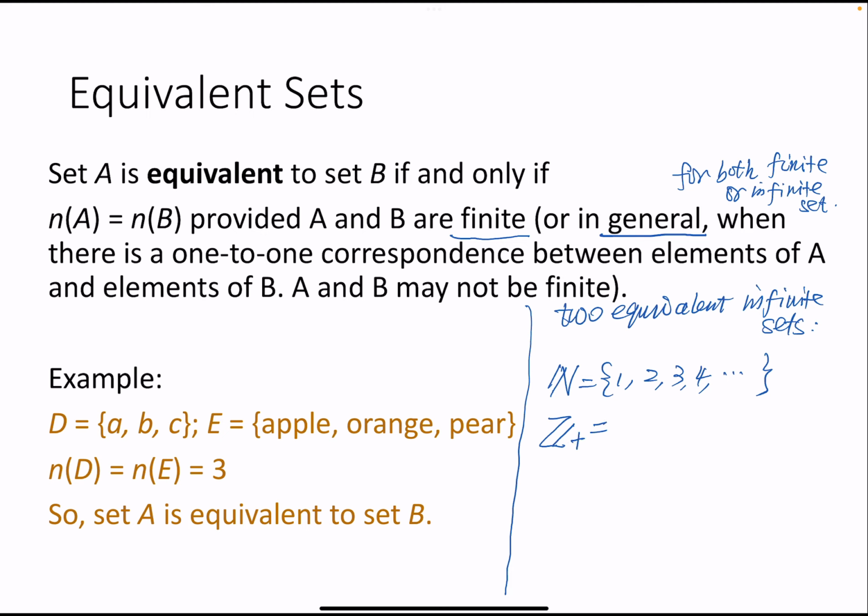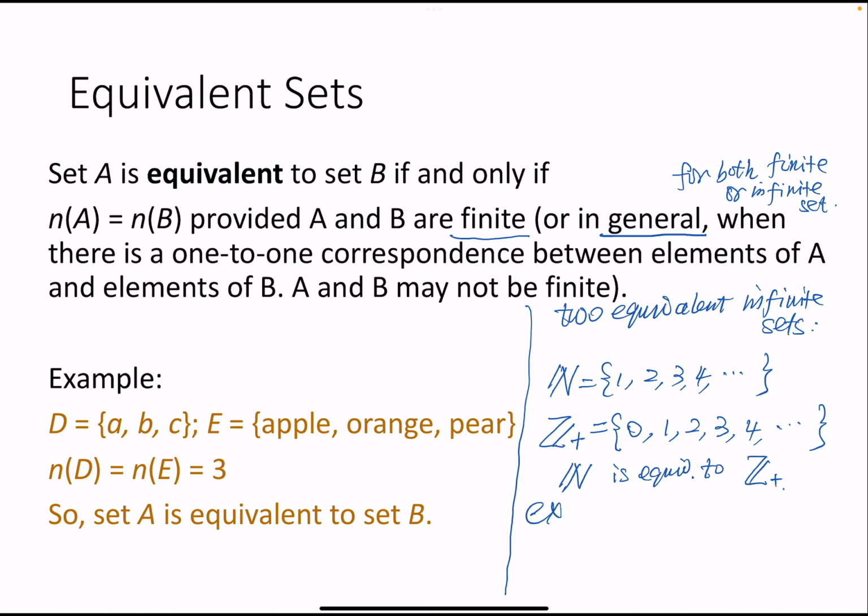A Z plus just means the set of all non-negative integers, 0, 1, 2, 3, 4. Okay, so in this case, you can find a one-to-one correspondence between N and Z plus. So in this case, N is equivalent to Z plus.